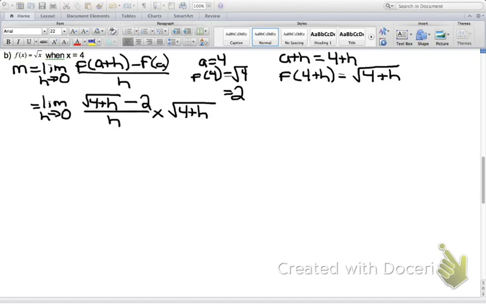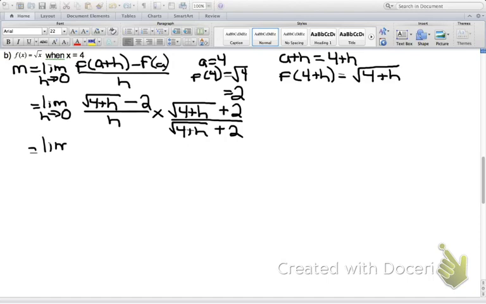So instead of multiplying by the square root of 4 plus h minus 2, we're going to multiply by the square root of 4 plus h plus 2. And whatever you do to the top, you must do to the bottom. That's how we rationalize, right?